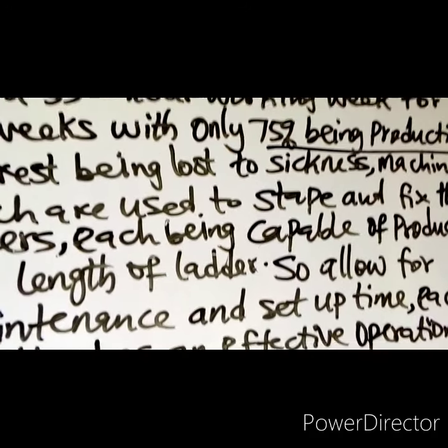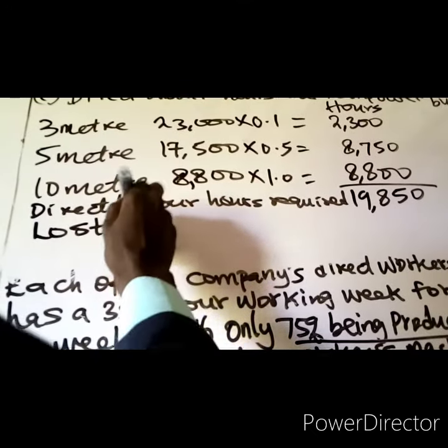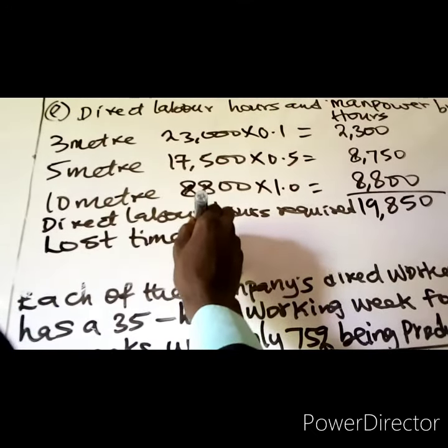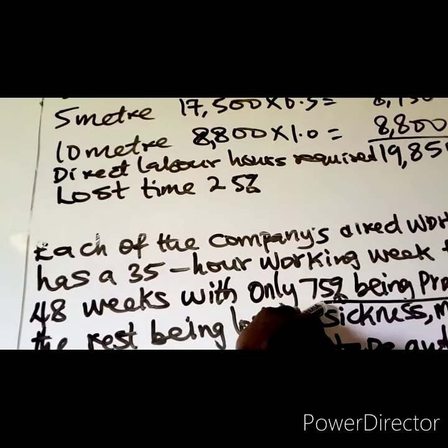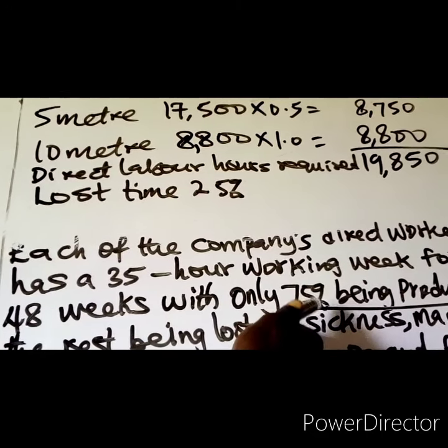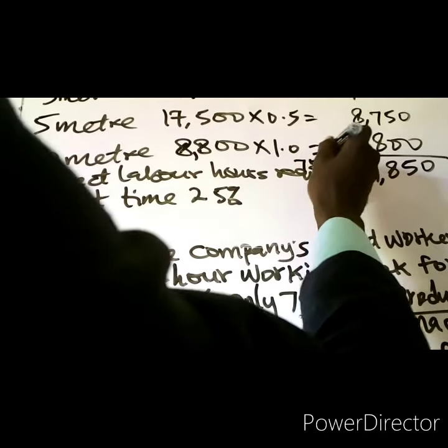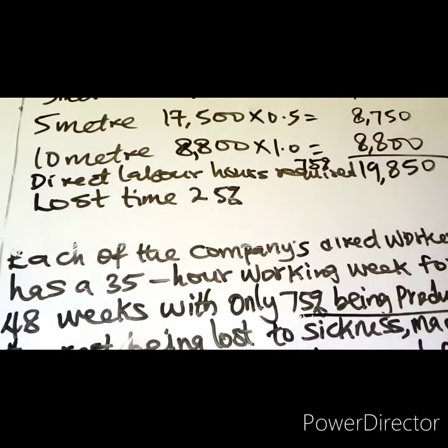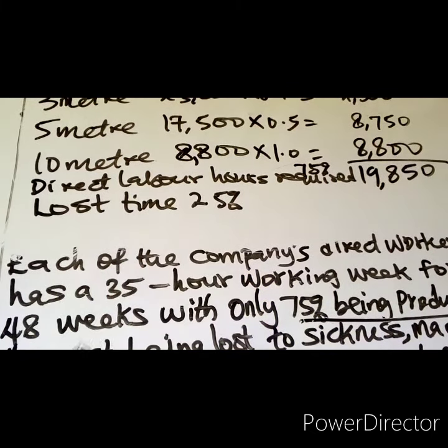So there is lost time now, which is 25%, because the productive time is 75%. 19,850 is the productive time. That is the hours they actually work, and the lost time is 25%.